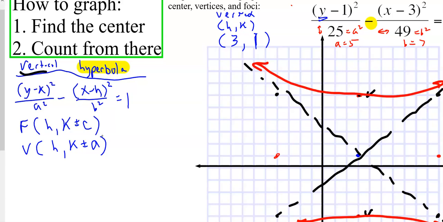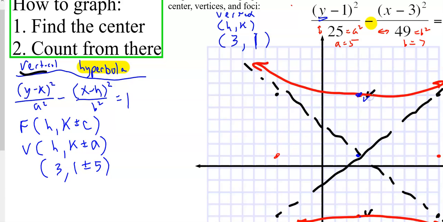Just to show you how this works, let's plug in something we already know. We know the vertex is there and there. So let's plug in the points. h should be 3, k is 1, plus or minus a, and I believe a was 5. So that would be 3, comma 6, which is right there.